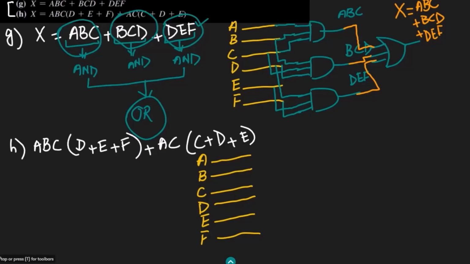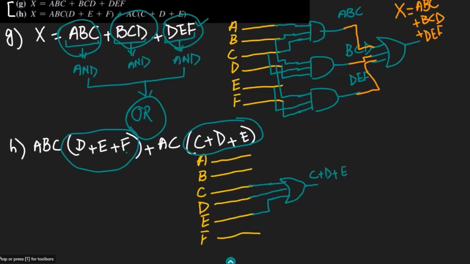The bracketed operations will be performed first, so the first operations are this one and also this one, because D, E and F will be added together, and C, D, E are added together. Let me first add C, D, E by using a 3 input OR gate, and here I will get C plus D plus E.